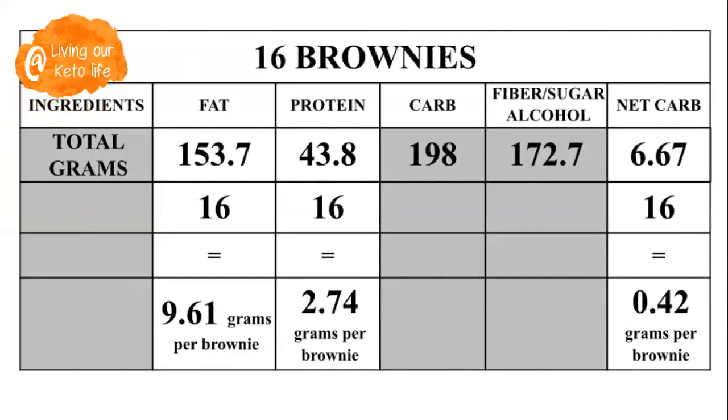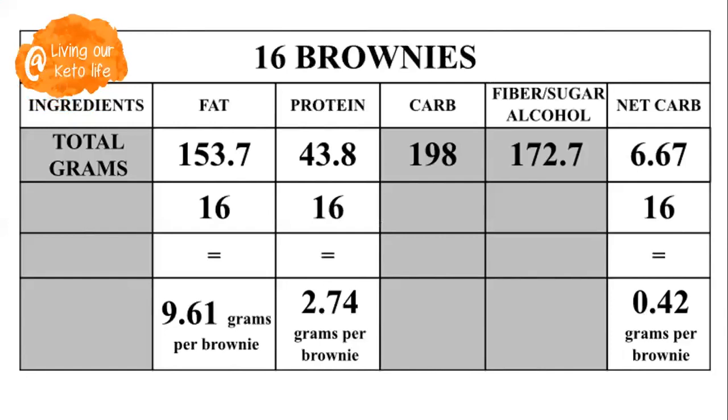Now, say you took an 8 inch pan and you were feeling like, hey, I really want a brownie. Instead of dividing the number by 16, you cut it into 4 by 4 inch brownies. So you would divide the number 153.7 by 4, and that would give you your fat grams, and vice versa.